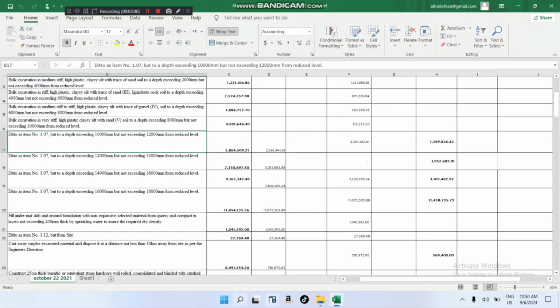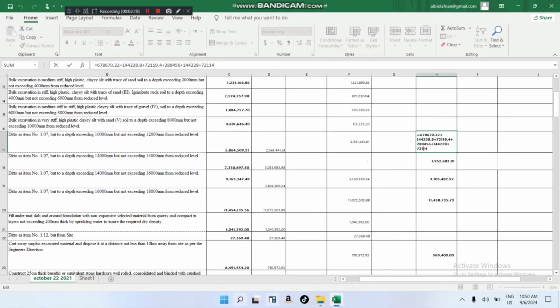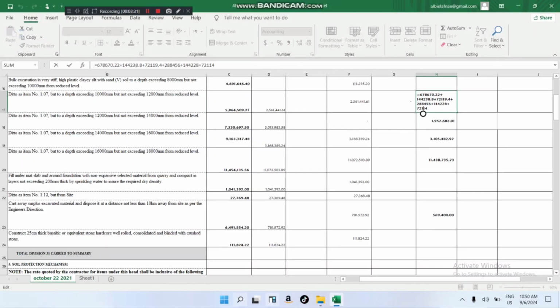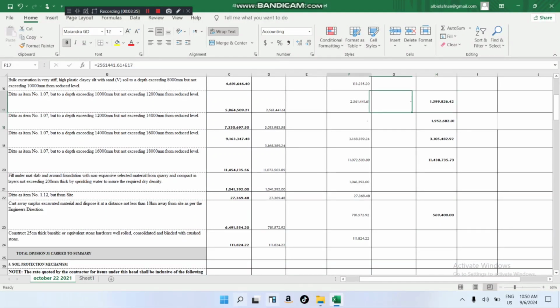For example, if we have deep excavation, from the date we start the excavation, per day we add here the amount that was executed, and then you compare with what you planned.